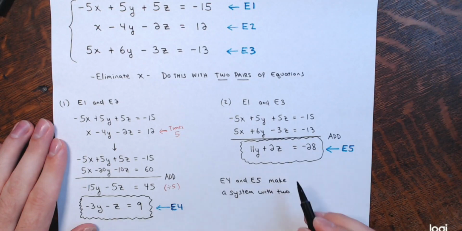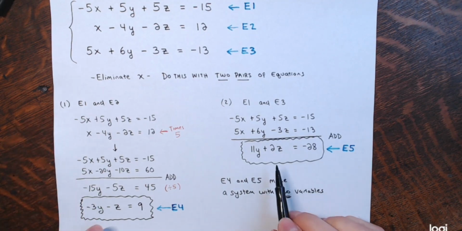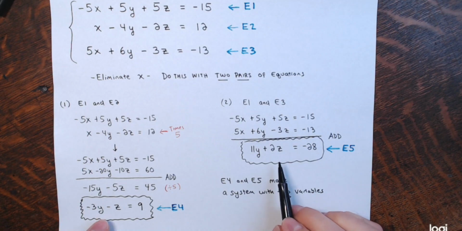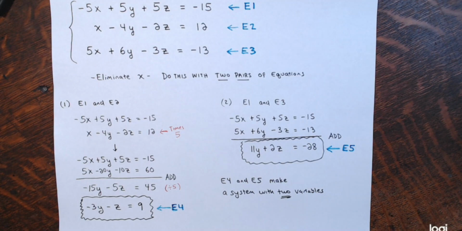Both of these equations have y and z. And you should know how to solve such a system. So you solve this system for y and z, and then you go back and use your values of y and z and solve for x back in one of the original equations, and I'll show you that now.